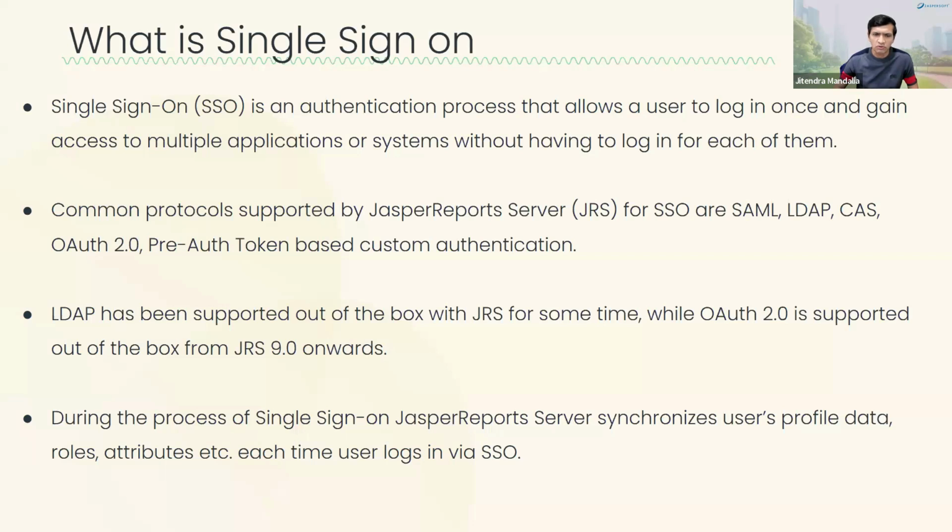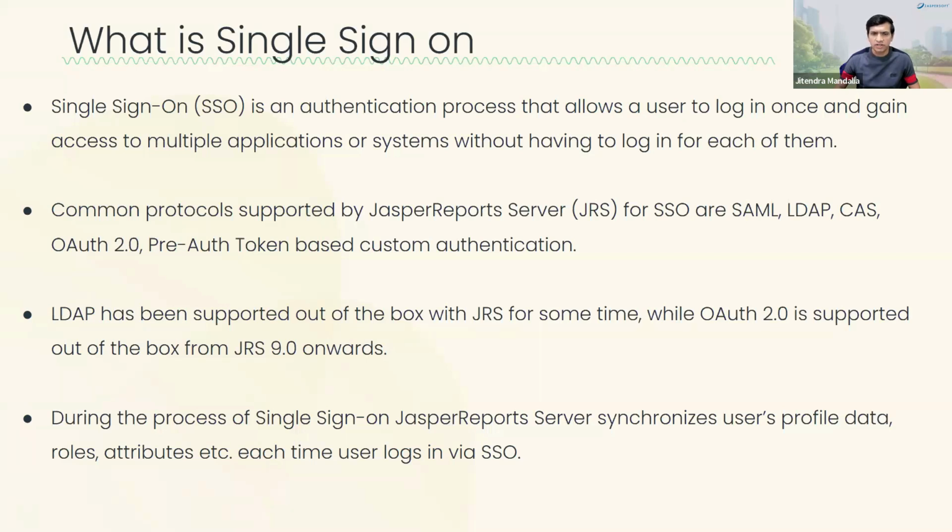LDAP has been supported out of the box with JRS for some time, while OAuth 2.0 is supported out of the box from JasperReports Server 9.0 onwards. So during the process of single sign-on, JasperReports Server tries to fetch all the user profile data from OAuth server or any SSO authentication server, and fetches all the roles, attributes, or user profile data and syncs that up with the JasperReports Server.